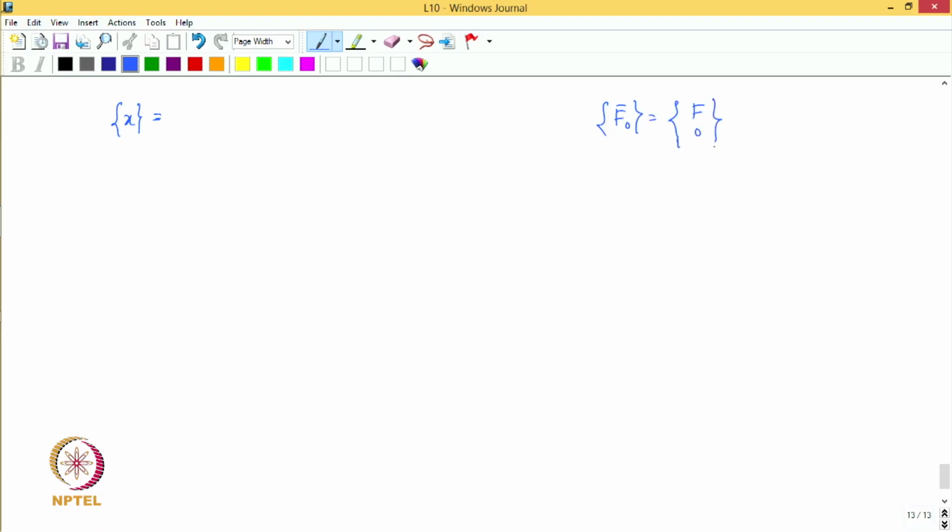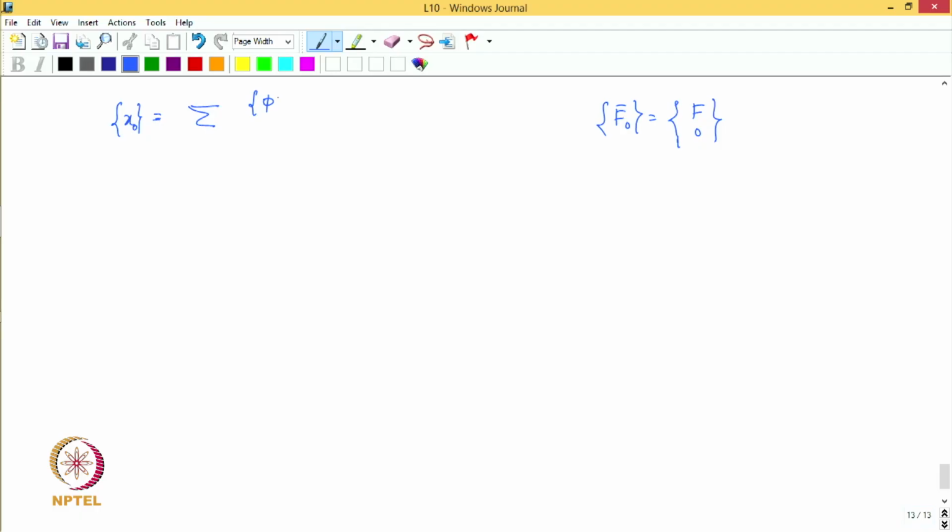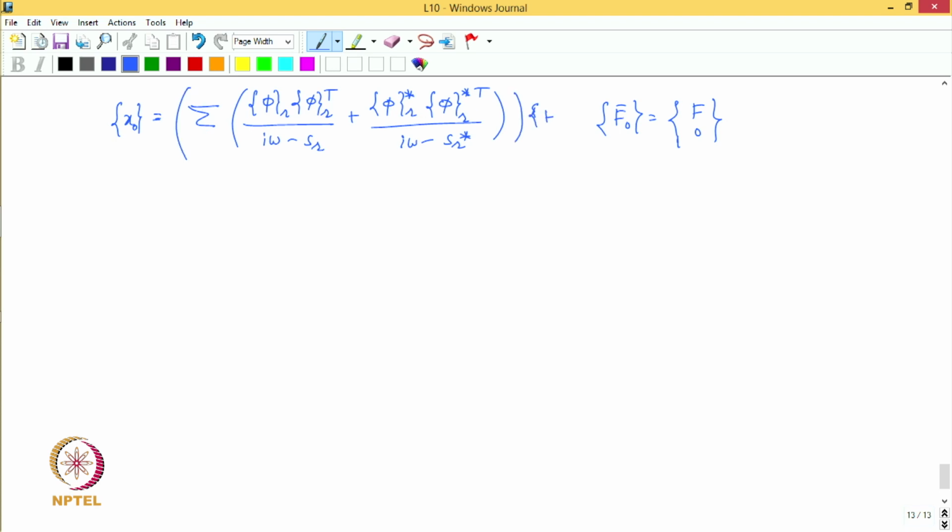If this is substituted, then we can obtain the displacement vector, which will be equal to x o, because it is the amplitude of the displacement, and this would be phi r transpose I omega minus s r plus phi r star phi r star transpose upon I omega minus s r star, and this we also have multiplied by the vector f here.